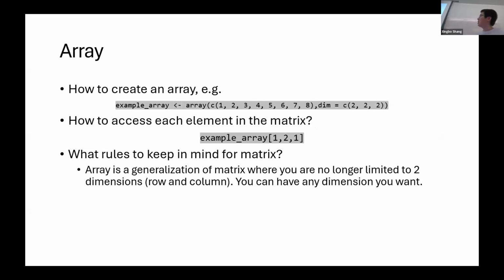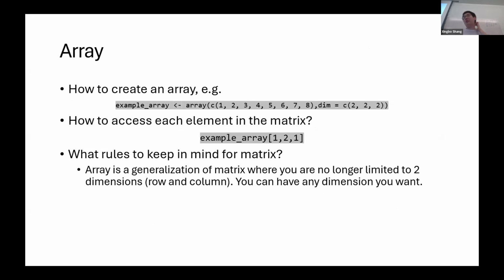Okay, now a quick visit to arrays. An array is just a matrix of any dimension. So if you want in the future to become an AI engineer or whatever they call it, you will learn something called a tensor, like in Google's famous Python library for deep learning, TensorFlow.